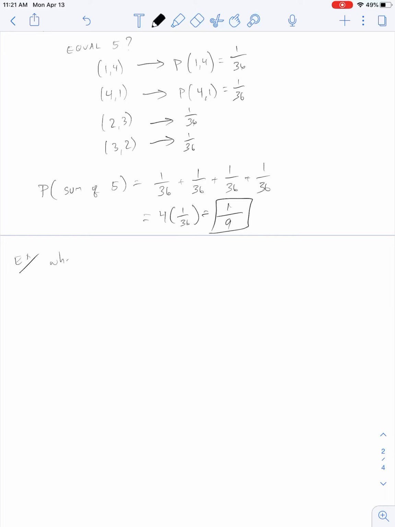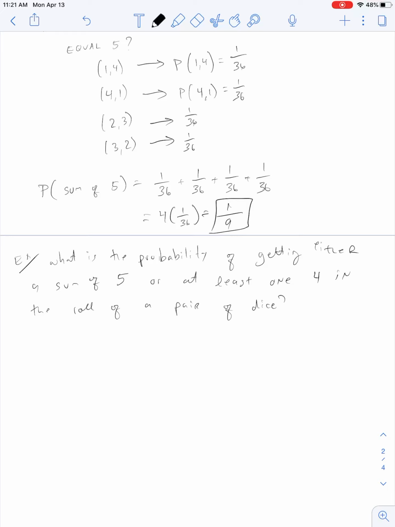Okay, next example. What is the probability of getting either a sum of 5 or at least one 4 in the roll of a pair of dice?